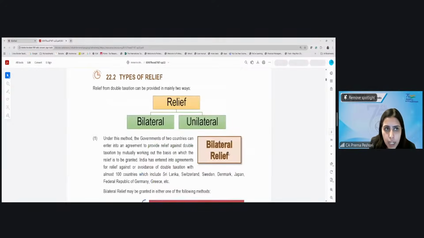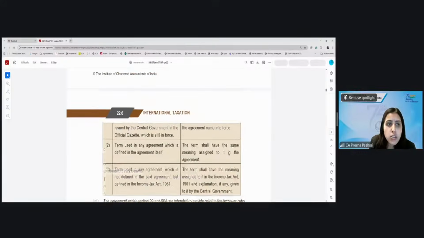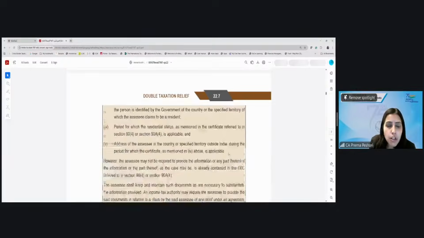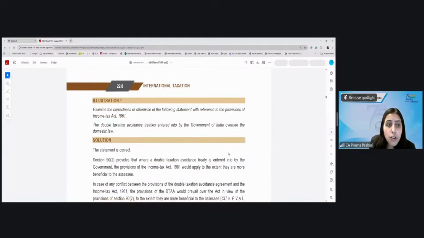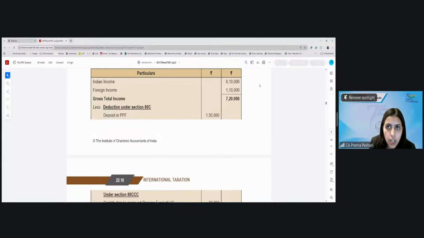If there is a DTAA, then you claim the relief as per the DTAA. If there is no DTAA, then you claim the relief in accordance with section 91, which is a unilateral relief. Are we getting this point? So the relief will be given on the basis of the average rate of tax, which is either the foreign tax rate or the Indian tax rate, whichever is lower. So you will claim the foreign tax credit.